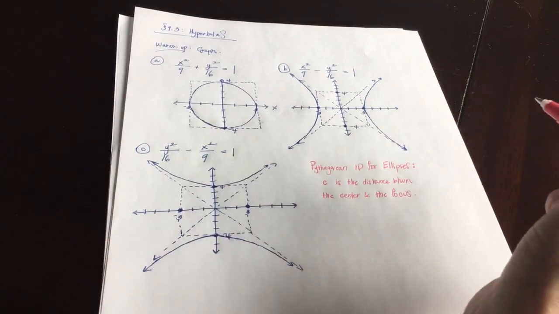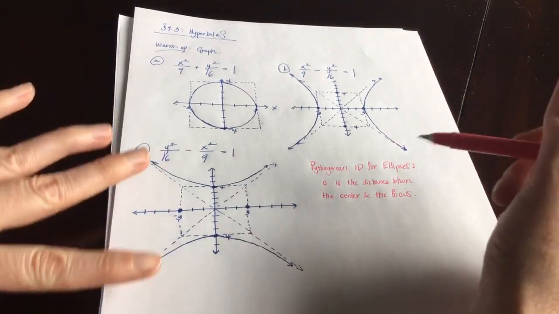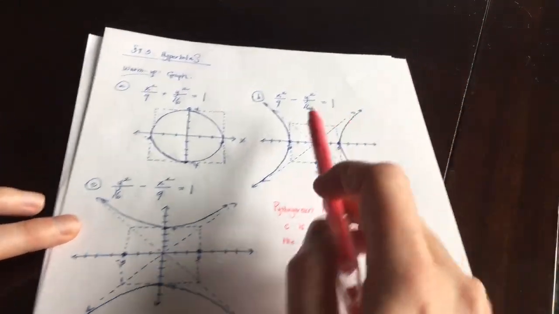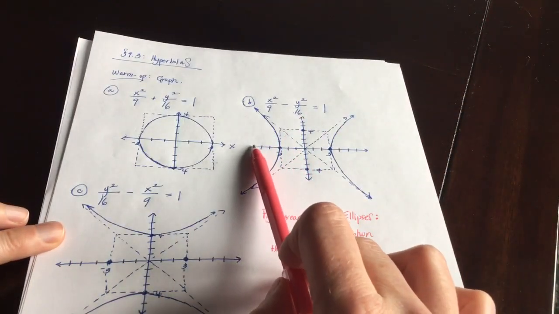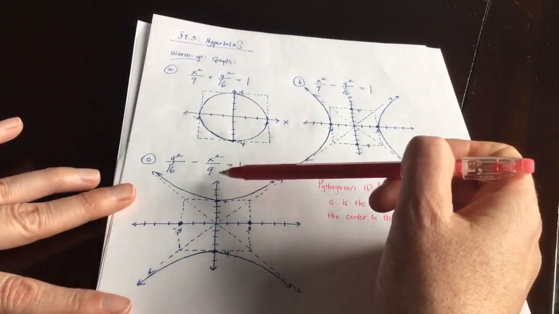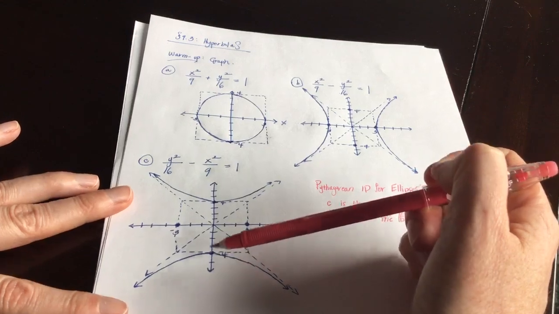Okay. The foci are always going to be located on what's called the transverse axis. So for part B, that would be the x-axis, and for part C, the transverse axis would be the y-axis.